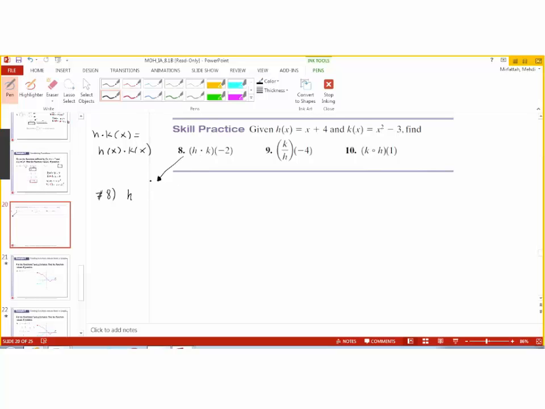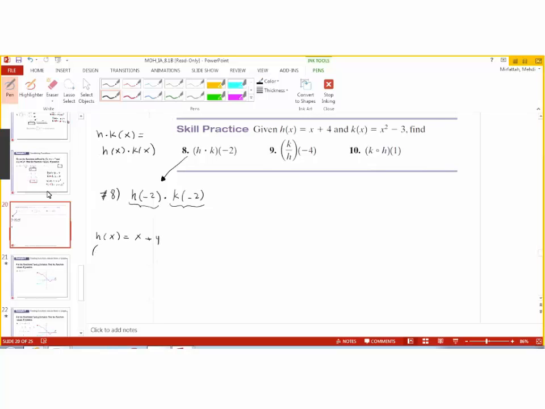So how do you replace this? Now instead of x, you have minus 2. So tell me how to rewrite this. Very good. That's the first thing you do. You have to rewrite this. So now tell me what you do next. You look for h of x, which is x plus 4, and then now you go on.